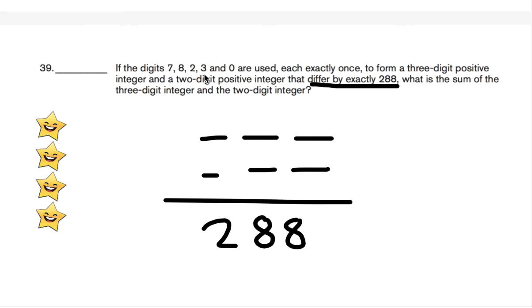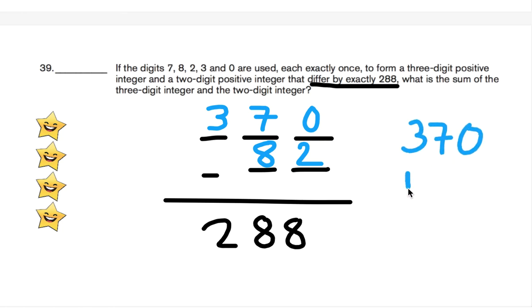Well, if you play around with it, you can figure out that this number has to be 370, and this number would be 82. And it says, what is the sum of these two integers? So we're going to add them up. And that gets us 452.